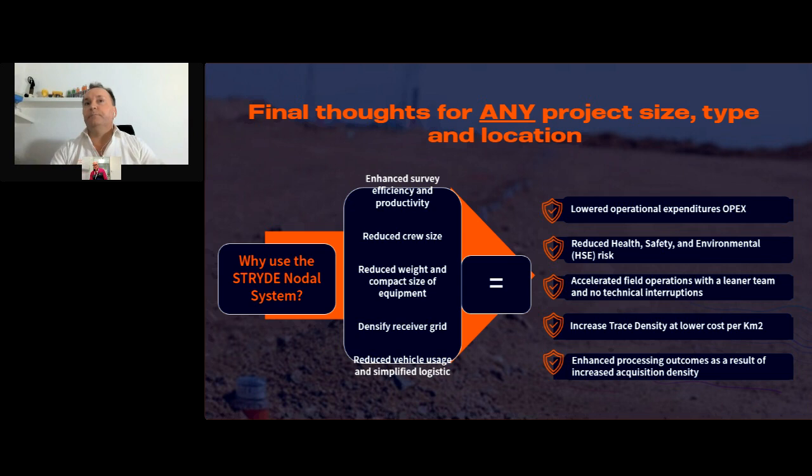Lower OPEX, reduced HSE exposure, faster and leaner field operation, increased trace density, that's a no-brainer, and obviously better processing outcome and better imaging for your interpretation.